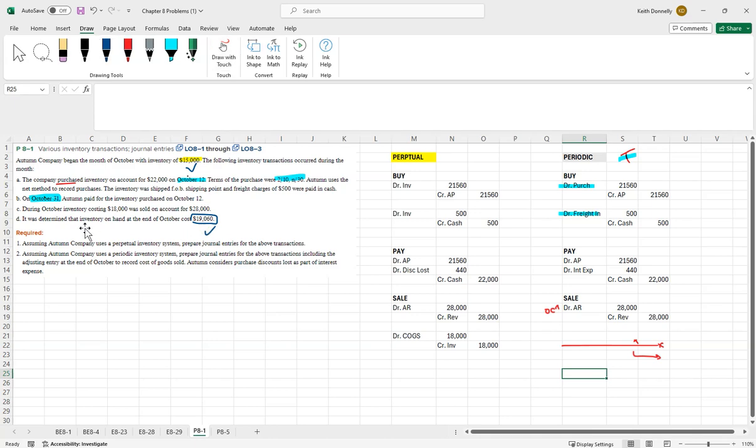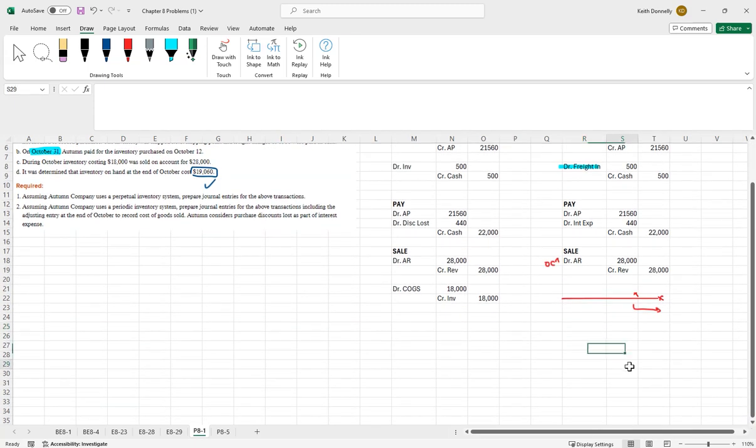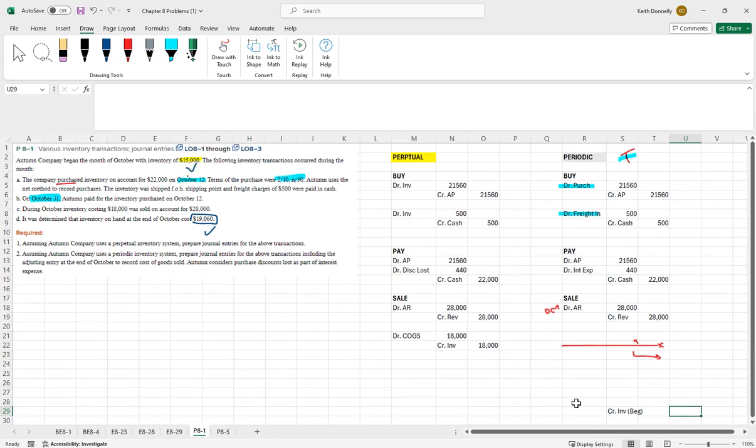They do that at the end of October, which must be the end of the period. So a couple of things here. We have to first get off our beginning inventory, so we're going to do credit inventory beginning. They tell us that's 15,000.